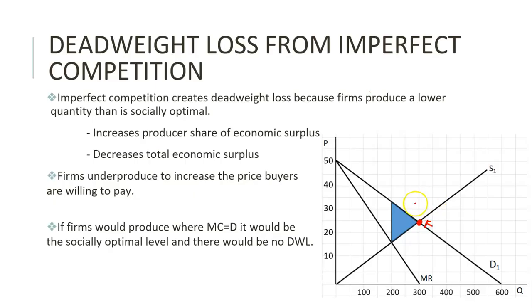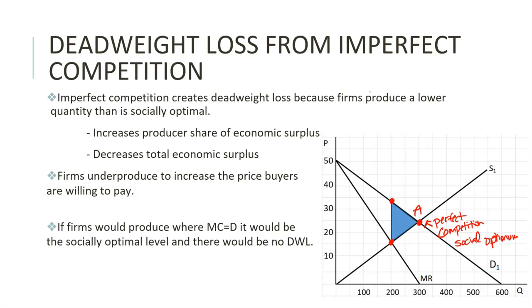So this point here I have in red, just put that as point A. This would be our perfect competition point. And we would say this is our social optimum. But our monopolist is going to produce at a different point.